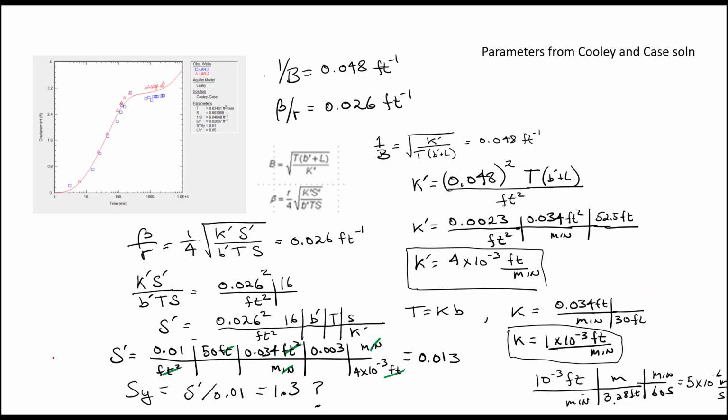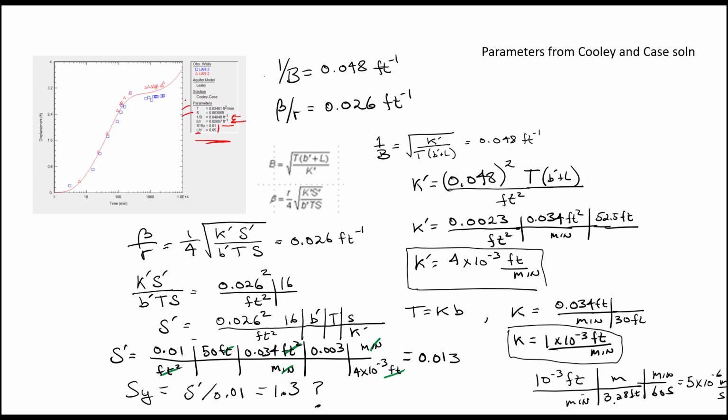In the results, hopefully you can see well enough, right there, that's L over B prime. And this one is S prime over SY. And those are the two values that we specified, so we didn't solve for those. Those we specified. And then that term that says beta over R, and that says 1 over B, and we have some values. And then here are the values T and S.